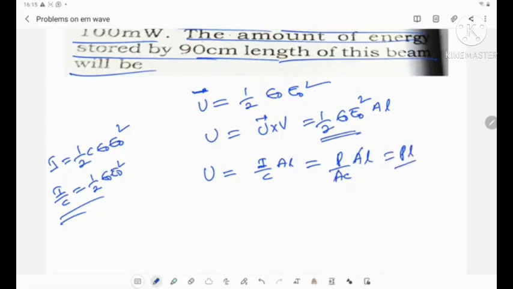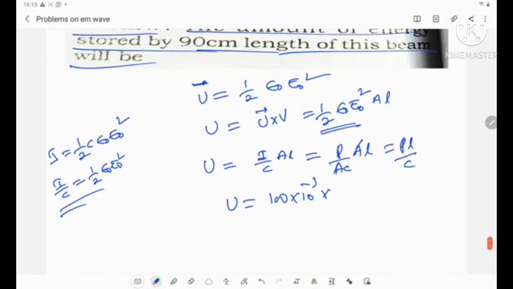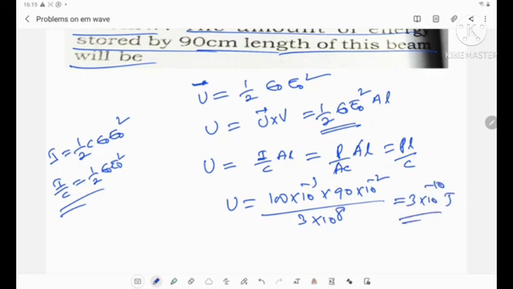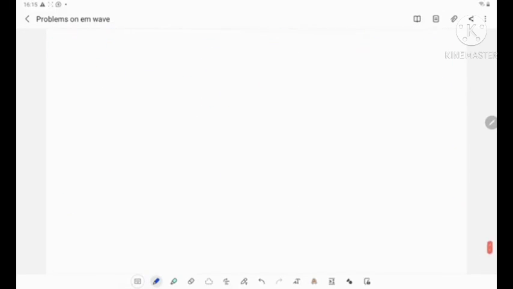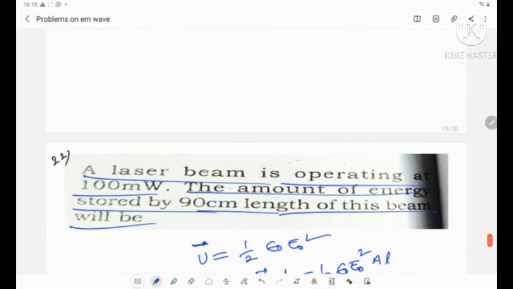This becomes P into L by C. Therefore, P is the power given, 100 milliwatts, 100 into 10 to the power of minus 3. Length is given as 90 centimeter, 90 into 10 to the power of minus 2 by C is 3 into 10 to the power of 8. This becomes 3 into 10 to the power of minus 10 joules. Okay, with this we completed the total problem.